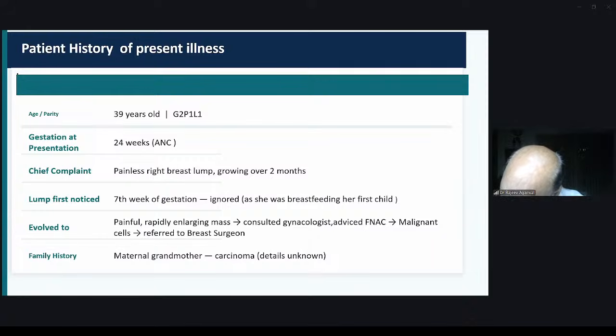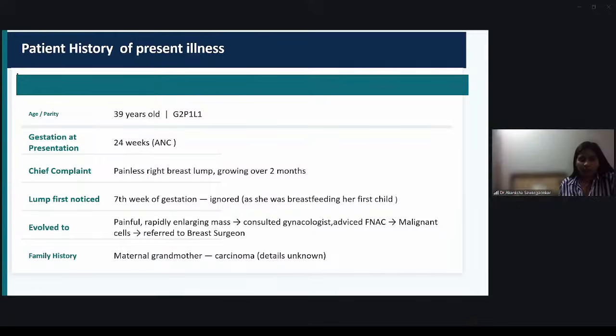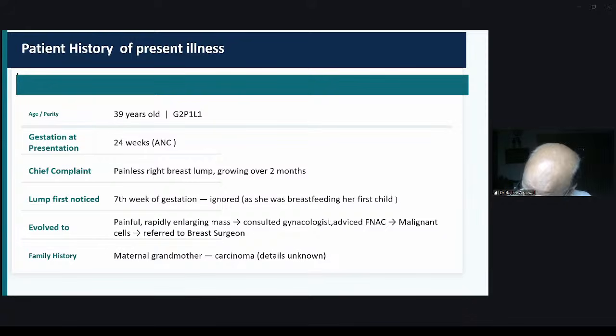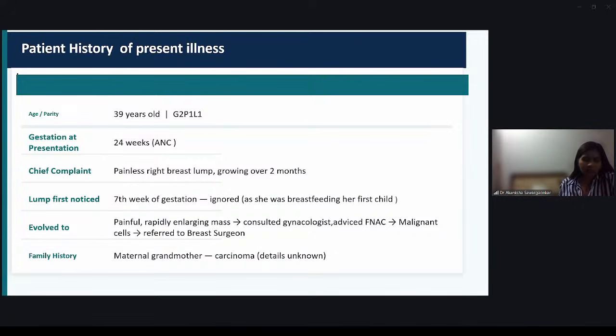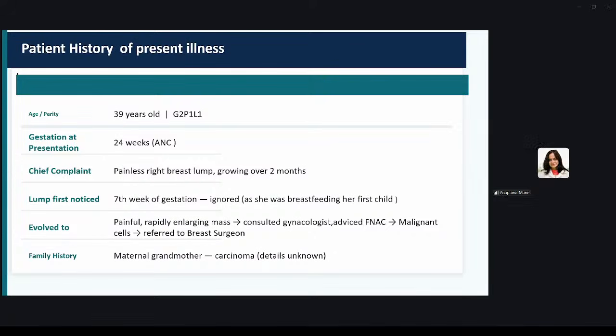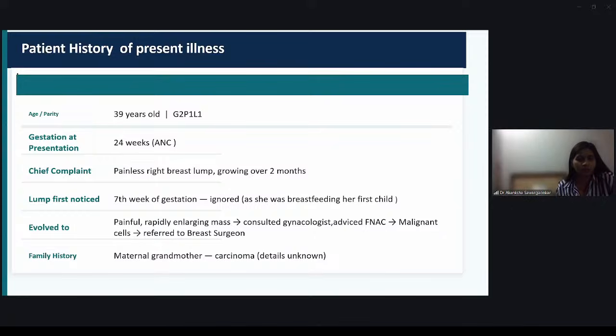She then consulted a gynecologist, who advised FNAC, which showed malignant cells. Then she was referred to a breast surgeon. Her family history was that her maternal grandmother had carcinoma, but the details were unknown.